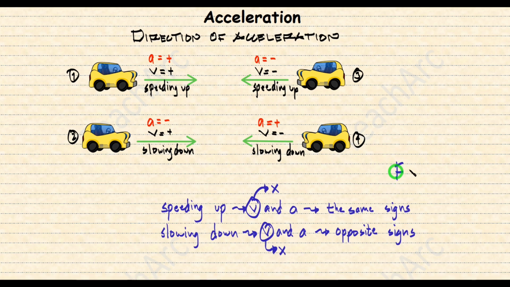Bear in mind that you will see a lot of rules to follow later on regarding this, specifically when we introduce force in the equation. But for now, these are the things that we need. The most important note to remember is that the sign or direction of acceleration alone is not enough to say that the object is speeding up or slowing down.